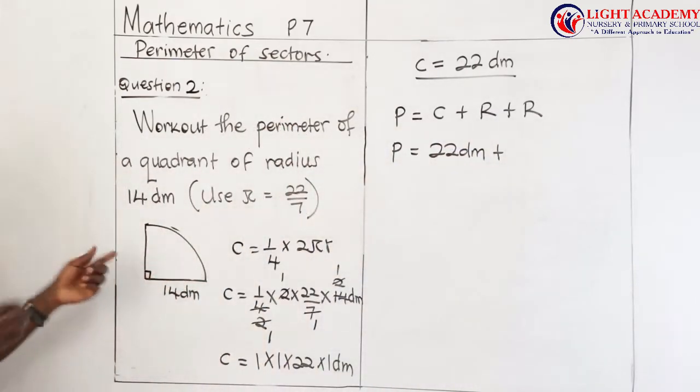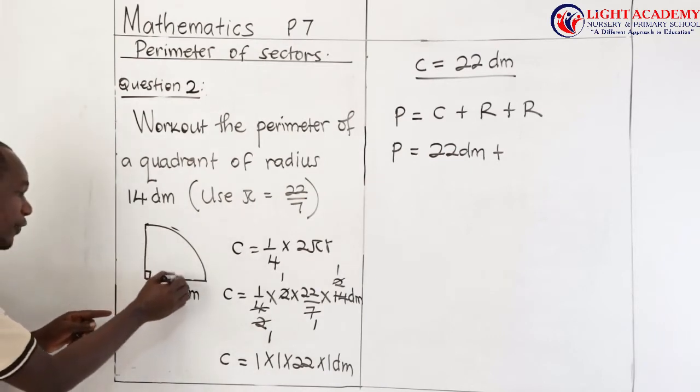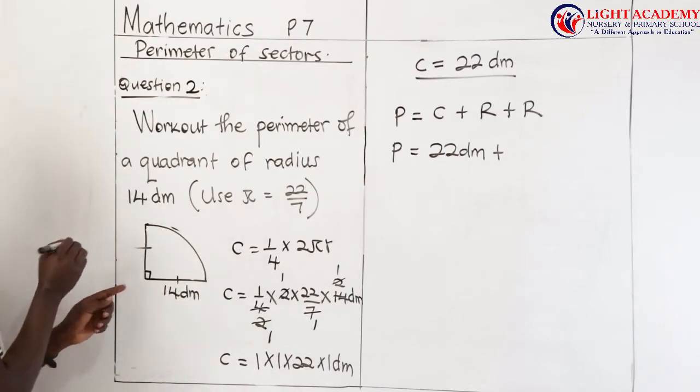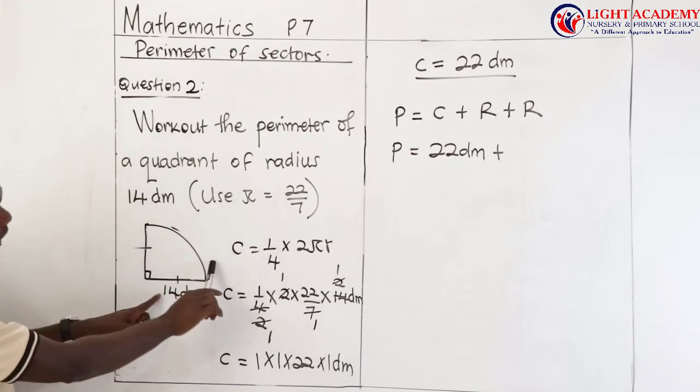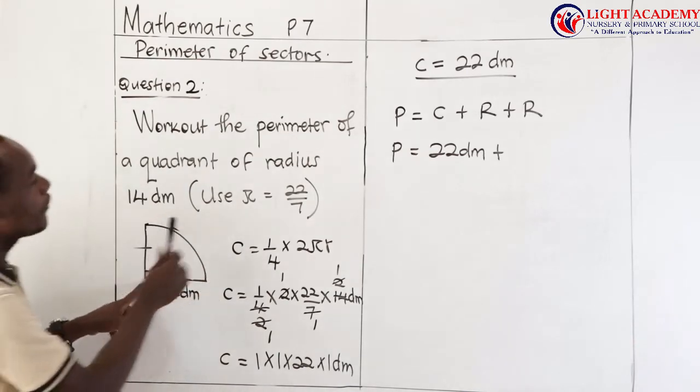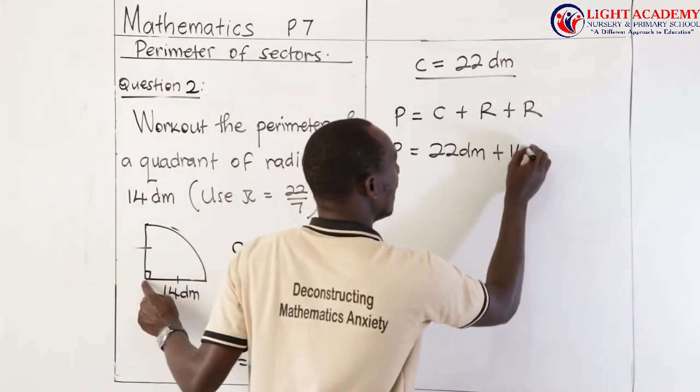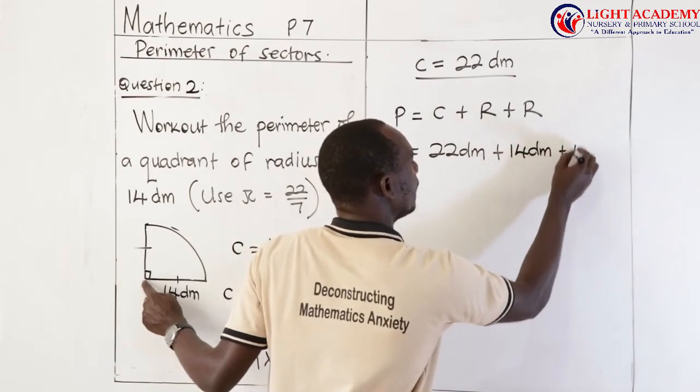When you look at this figure, if this is 14, even this must be 14. So the circumference is 22 decimeters plus 14 decimeters, then plus another 14 decimeters.